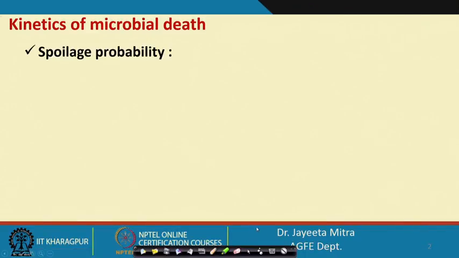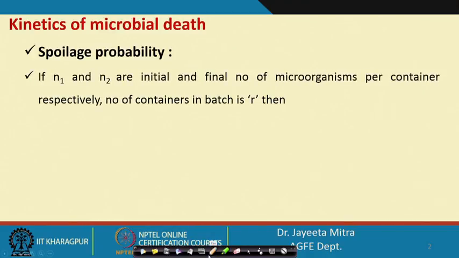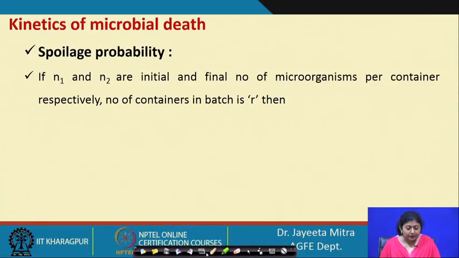So, we can calculate it in this manner, that if N1 and N2 are the initial and final number of viable microorganisms per container respectively, and the number of containers in the batch is R, then we can write F, that is the process time, will be D, that is the decimal reduction time at that temperature, log RN1 by RN2.